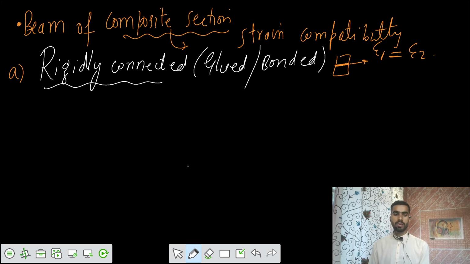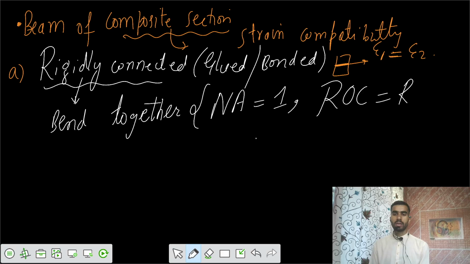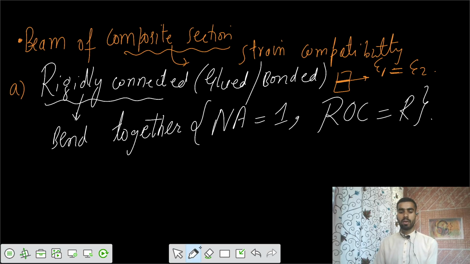The meaning of rigidly connected members in a composite section is that they will bend together. If they bend together, only one neutral axis is there, and only one radius of curvature, R. That's the definition of rigidly connected.